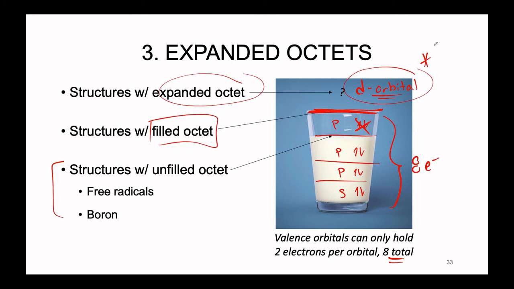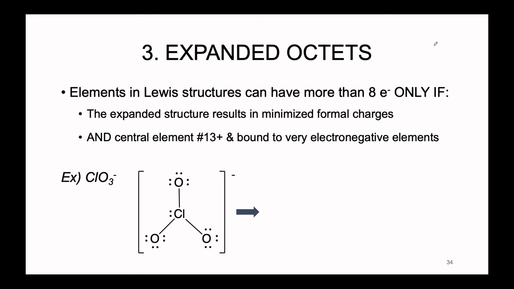So let's talk about some additional addendums to our Lewis structure rules to really figure out when we are allowed to expand the octet. When is it necessary? Elements in Lewis structures can have more than 8 electrons. They can expand their octet only if the 2 following points are true.